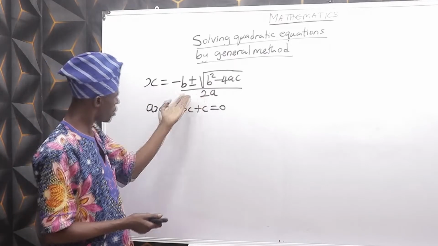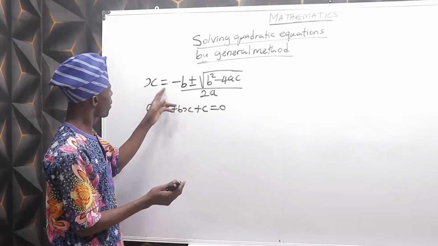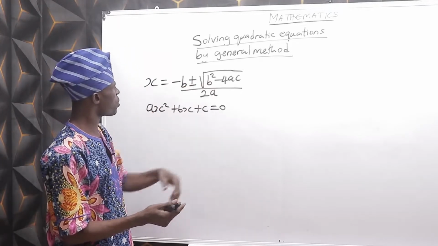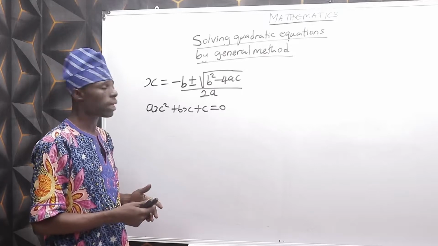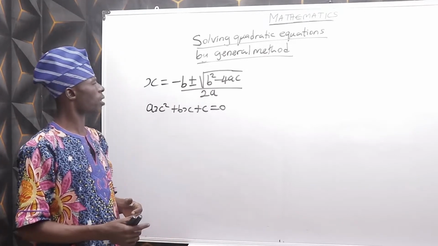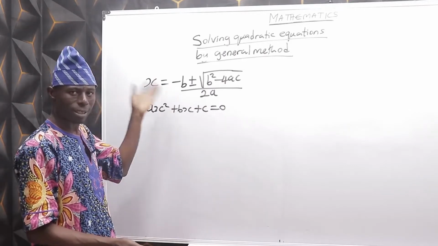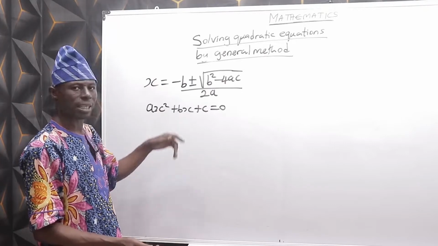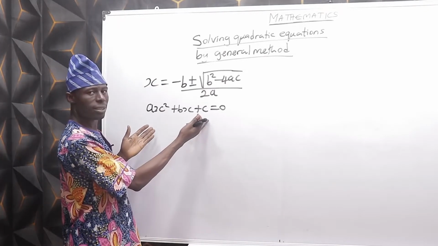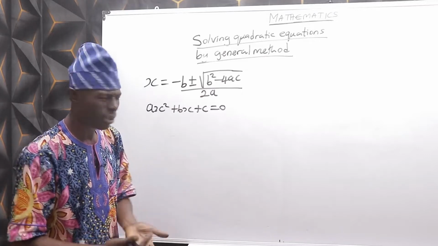We can only split this into two to give allowance for the two roots. Minus b plus square root of b squared minus 4ac over 2a, or minus b minus square root of b squared minus 4ac over 2a. But all the same, this is the formula, and it is generated from this equation using the completing the square method.